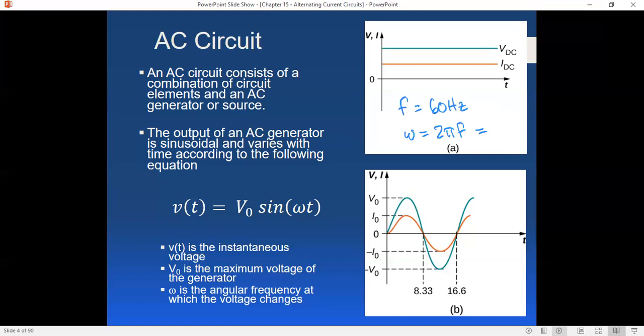So 2 pi times 60 is going to give you your omega there. That can be plugged into this function right here, and again, you can see how it fluctuates as a function of time.